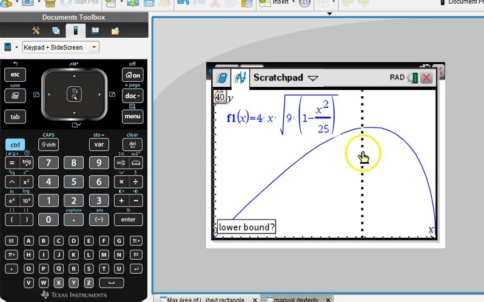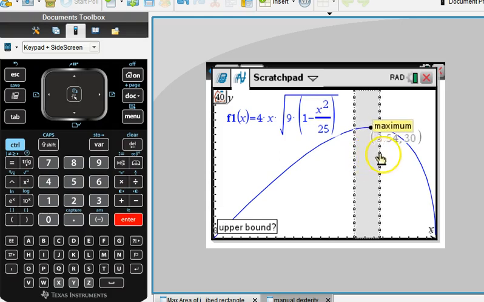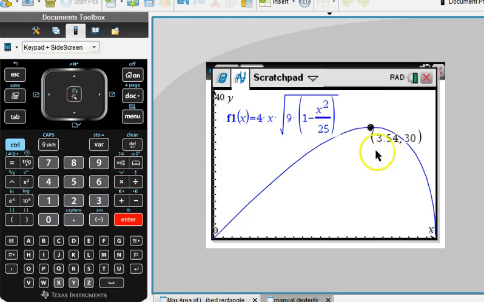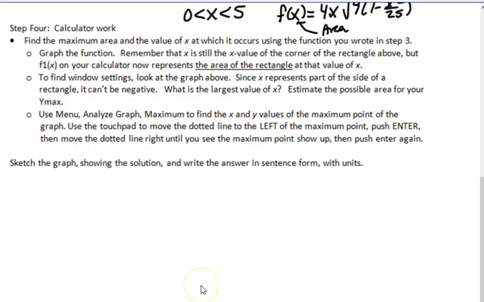Swipe on your touchpad to the left until you get this dotted line to the left of the maximum point and push Enter, and then swipe it until it goes to the right of the maximum point and push Enter, and it will actually label this maximum point. Now I would like you to make a quick sketch of this graph and label that maximum point on your paper, and then let's talk about what that maximum point is telling us.